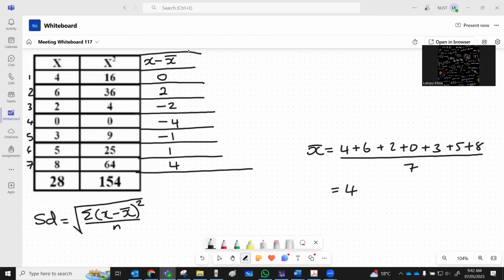And like I said, if you've done this correctly, when you add all these values up, they should give you 0. But we're not interested in that 0 value.